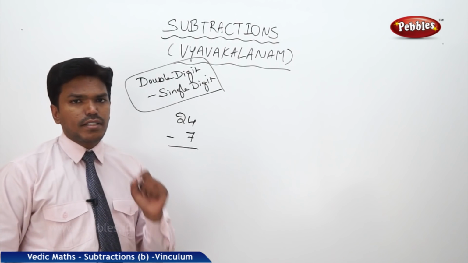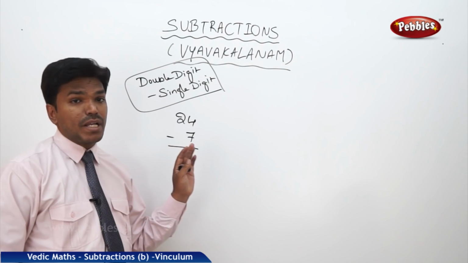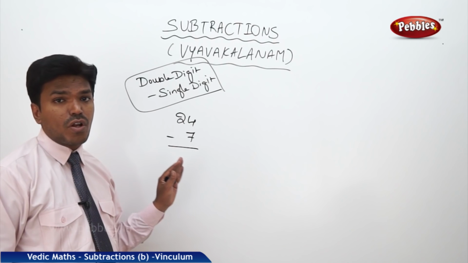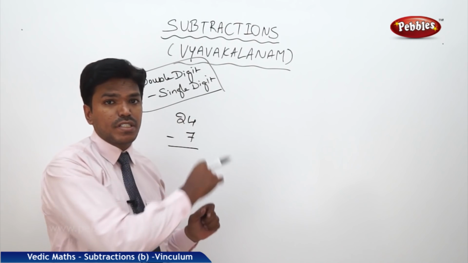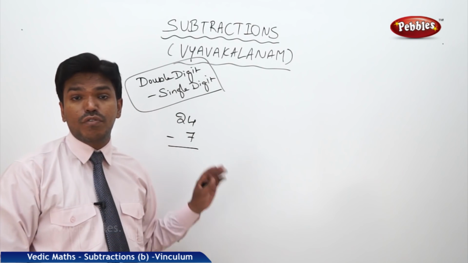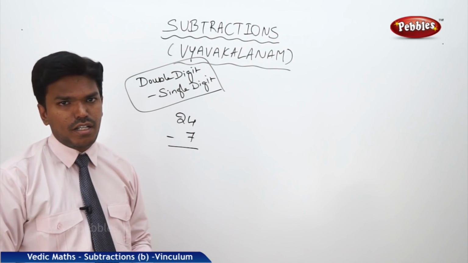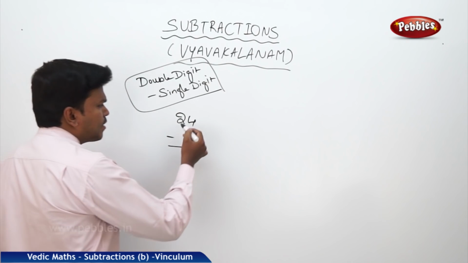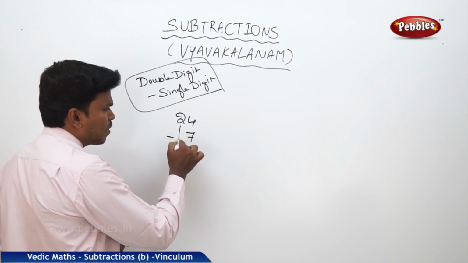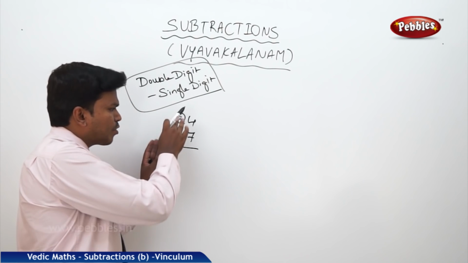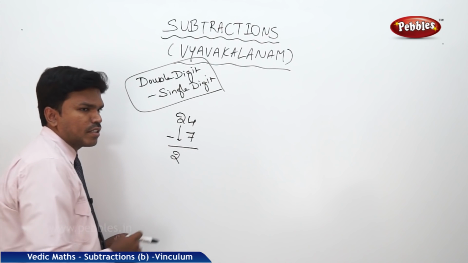Now, just like I said, in Vedic maths, especially additions or subtractions, we are not going to do it from right to left, which is the conventional way, but here we are going to do it from left to right. Now you see, is there any digit below 2? There is nothing. So we will just drop 2 as it is.